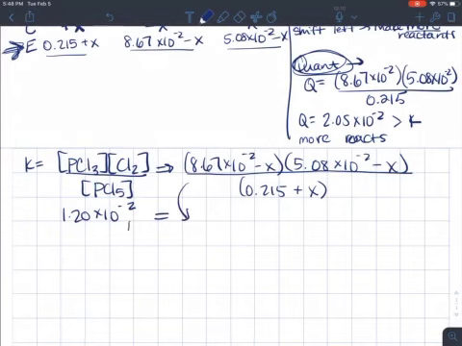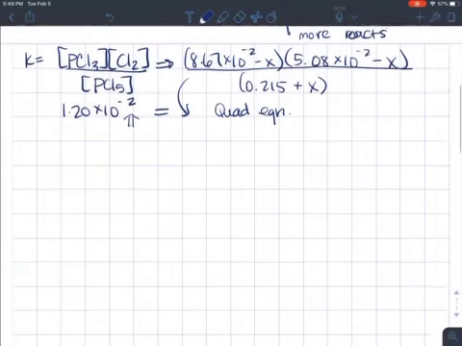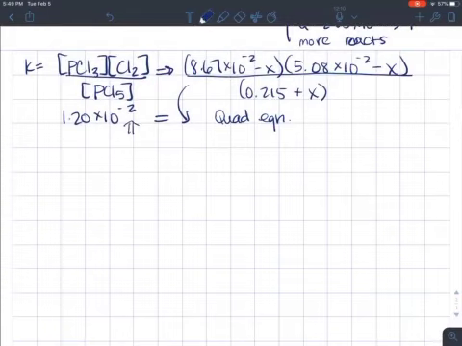Now this number here is too close to 1 to be able to drop all of these x's. So that assumption that we talked about before the exam where we could drop the x doesn't work here, and you have to use the quadratic equation. Again, I'll detail the algebra in a separate video, so those of you that can get it on your own can just go on with your life.